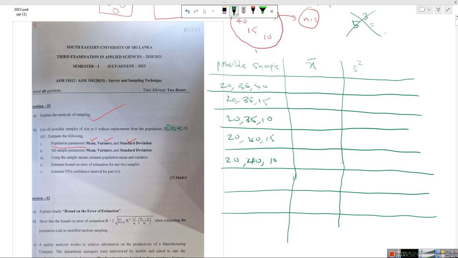Again skipping this 15, I can write 35, 40, 15 and 35, 40, 10.